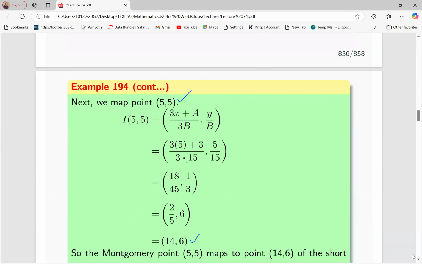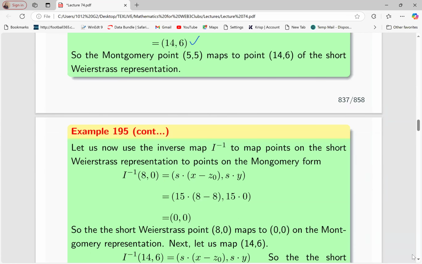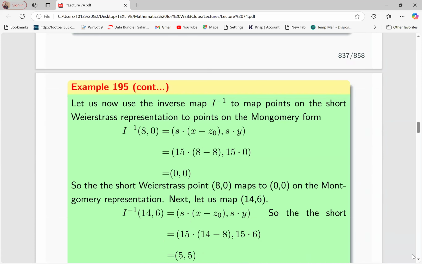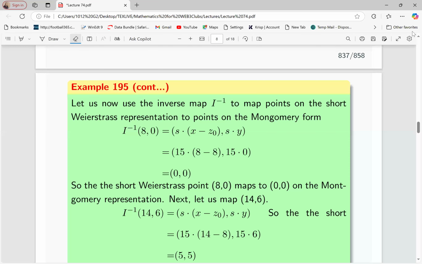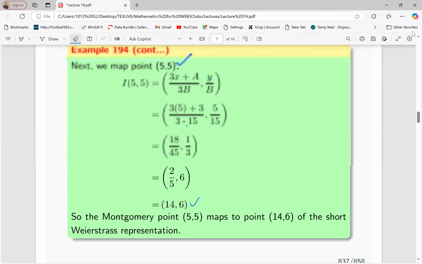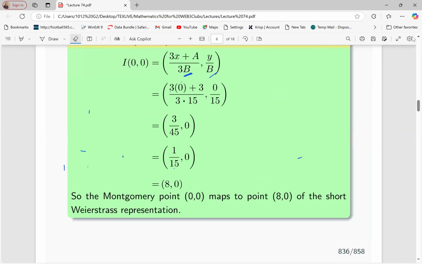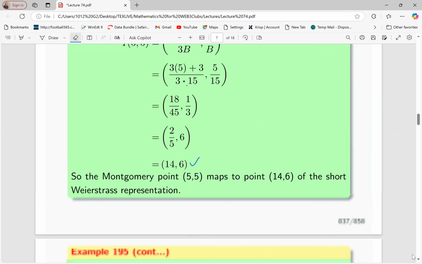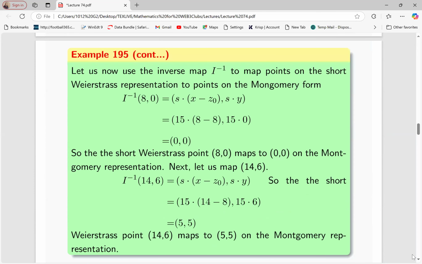Once you have that formula, you can always do that. Now, let's see whether we can convert them back. The first point, 0, 0, had been mapped to 8, 0. So we want to see whether, if you have 8, 0 on short Weierstrass, you can get the point on Montgomery.